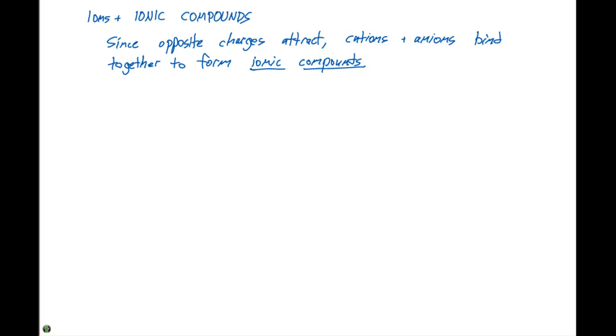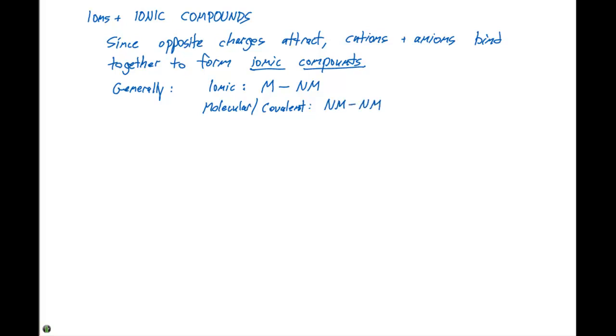There's a differentiation between these ionic compounds and molecular compounds. So generally, if we have an ionic compound, it's formed between a metal and a nonmetal. A molecular or covalent compound forms between a nonmetal and another nonmetal.